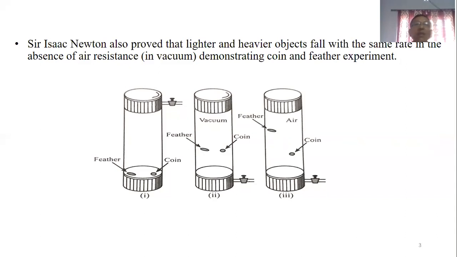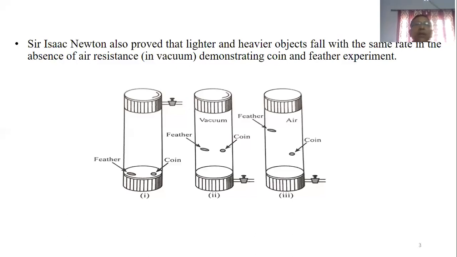But while there is no air resistance, then it is found that all of the bodies, whatever be the masses of the bodies, fall at the same rate, which is proved by Newton's experiment shown in the figure.